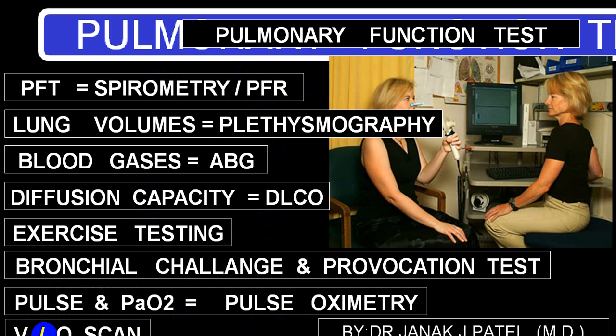VQ scan is ventilation-perfusion scan, which again gives you a pulmonary function but is not routinely done, is costly, and requires special facilities. It is done in a selective center, mostly cosmopolitan hospitals.